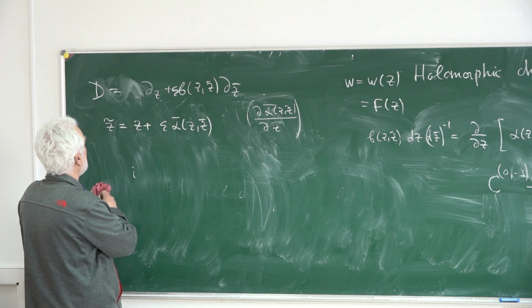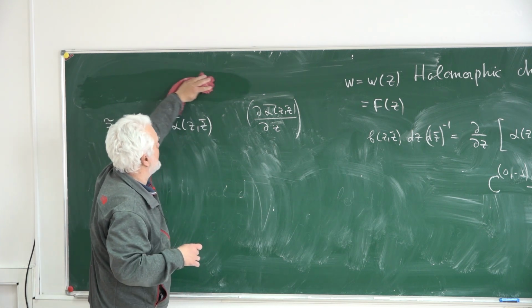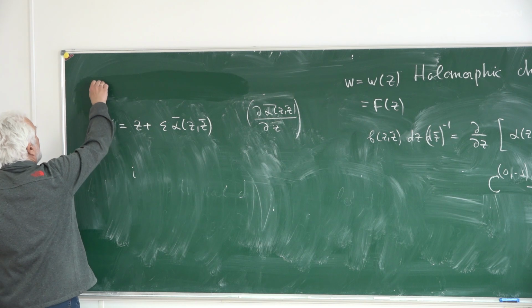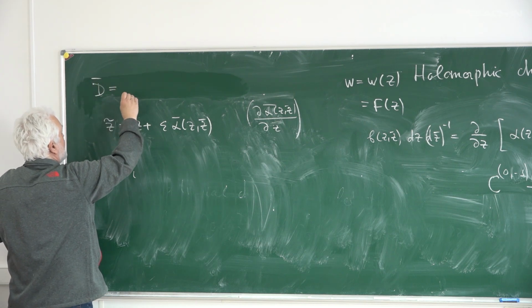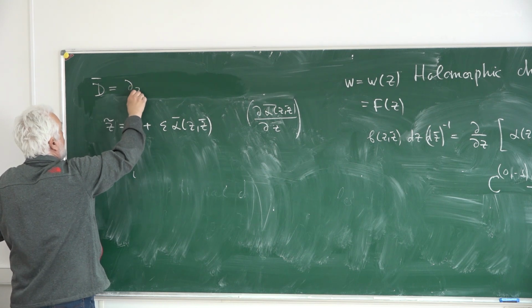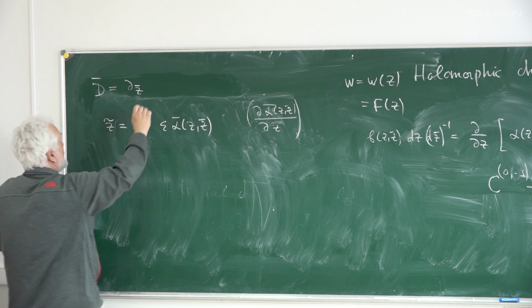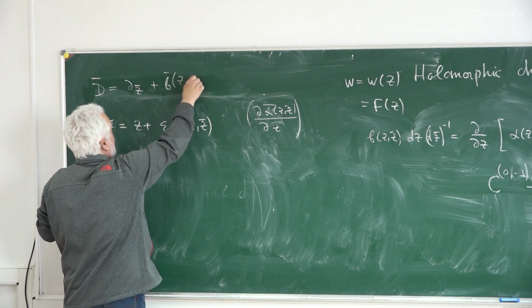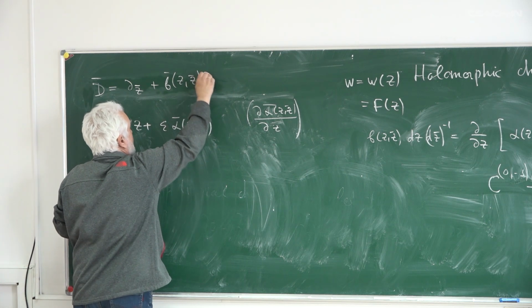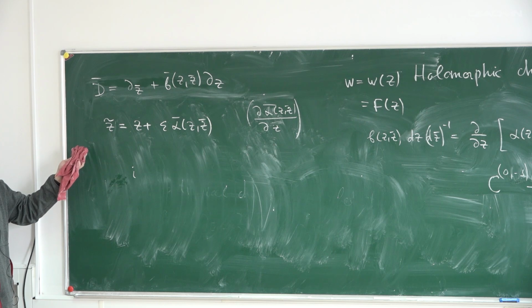Maybe it would be better to do the following. The new d bar operator is d bar plus b bar dz. You see, for example, something like this.